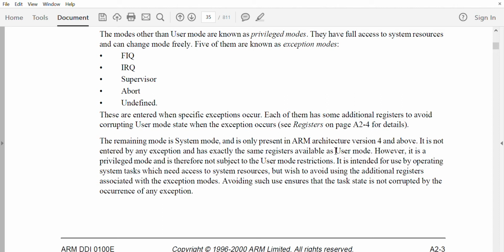That is why it is not called an exception mode. But it's a privileged mode, though not an exception mode. So the restrictions you have in user mode do not apply to the system mode since it's a privileged mode.